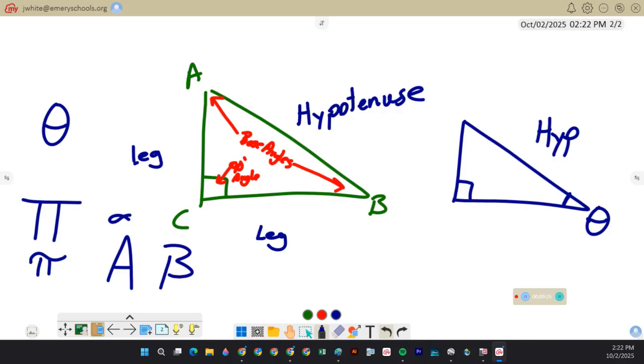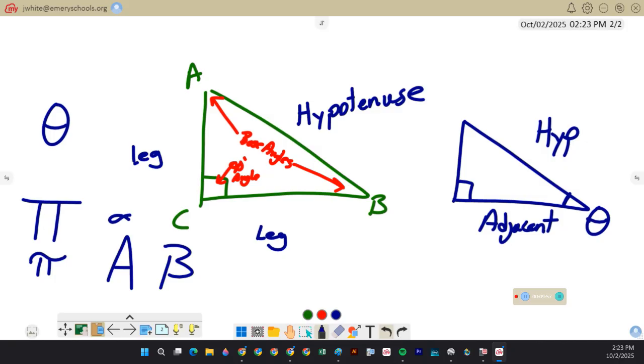So this leg, we use the word for next to. Does anybody know the geometric word for next to? Beside. So the word we use in geometry is adjacent. Adjacent just means next to. So the leg that touches theta is always called adjacent.